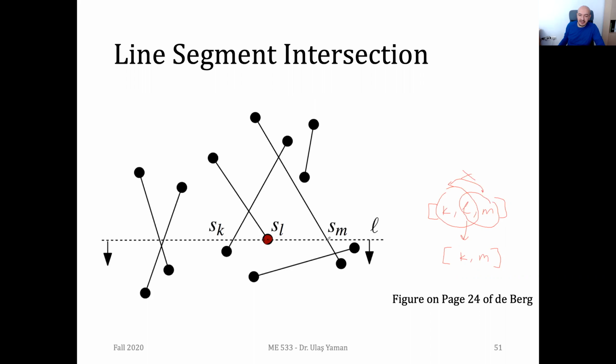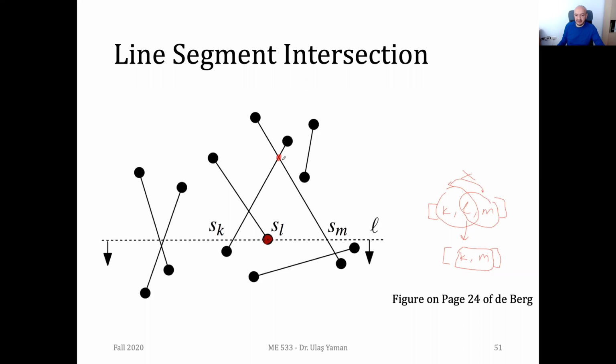And now, right after the sweeping line, we have new neighborhood. So what we are going to do, we will do again a check test. And if you do the test between K and M, you will see that we have an intersection point above. Okay, sorry. Yes. So we have an intersection point here. Any comments on this?